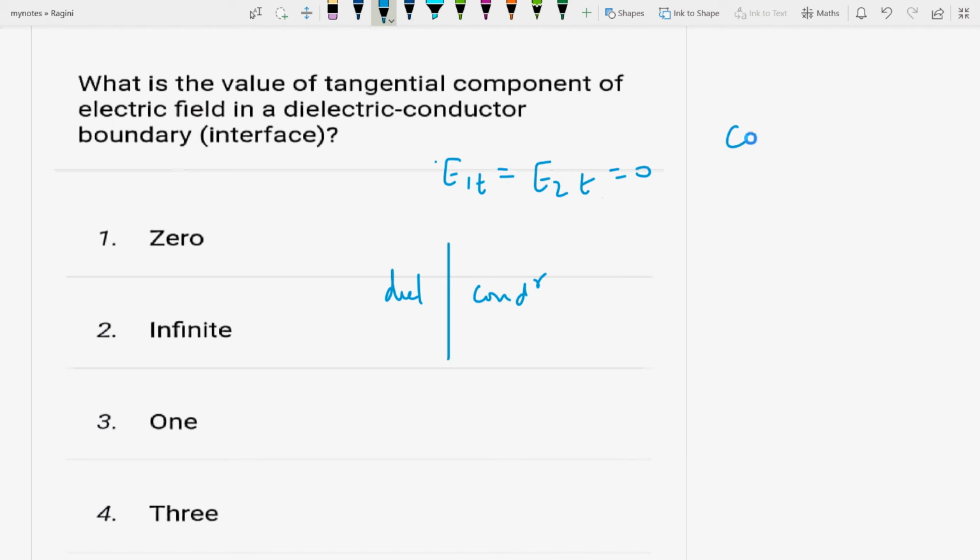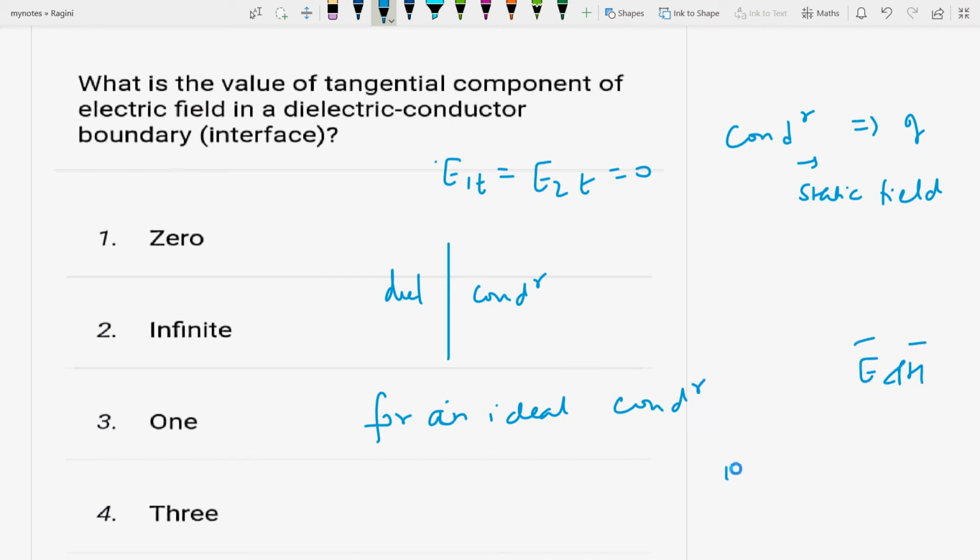A conductor placed in a static field, static means it is constant, will induce some charge on its surface so as to have zero field inside. For an ideal conductor, the electric and magnetic field inside it is always 0.